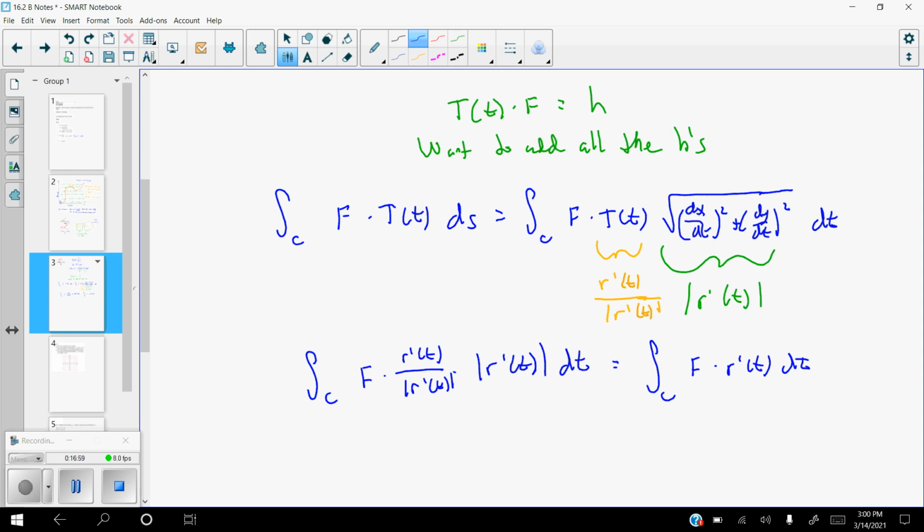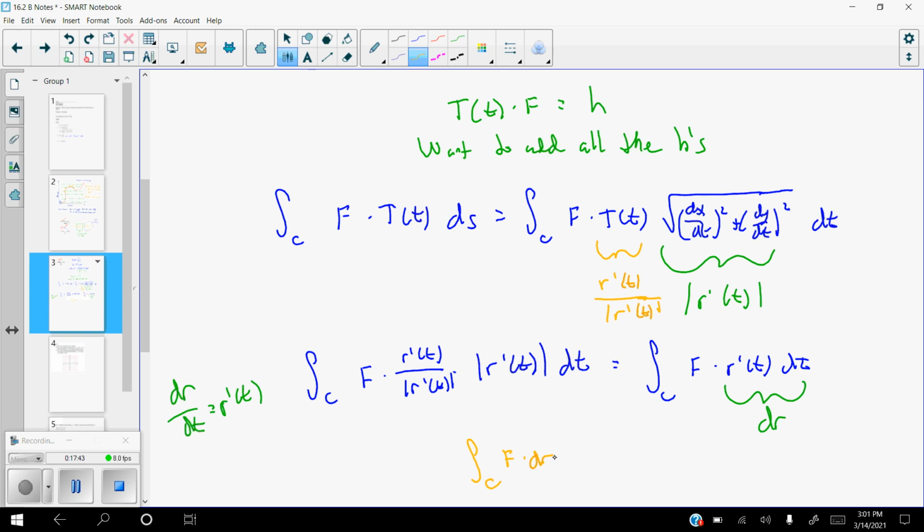But r prime of t dt is the same thing as dr. If you think about it, that should make sense. Here, I'll put this over to the side: dr/dt is the same thing as r prime of t. So if you multiply the dt to the right side, you get that dr equals r prime of t dt. So ultimately, our formula for line integrals is going to be the line integral of F dot dr. The biggest thing here is to remember what these things mean.